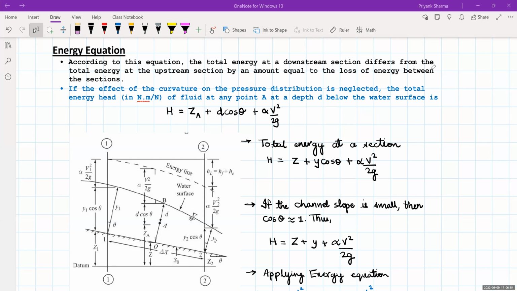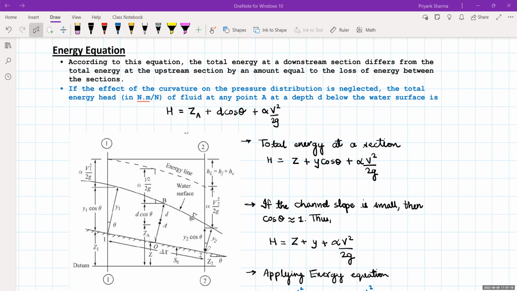This is similar to Bernoulli's equation, which you studied in pipe flow. It is a form of energy equation. If you neglect the effect of curvature on the pressure distribution, the total energy head of the fluid at a given point A at a depth D below the water surface is.